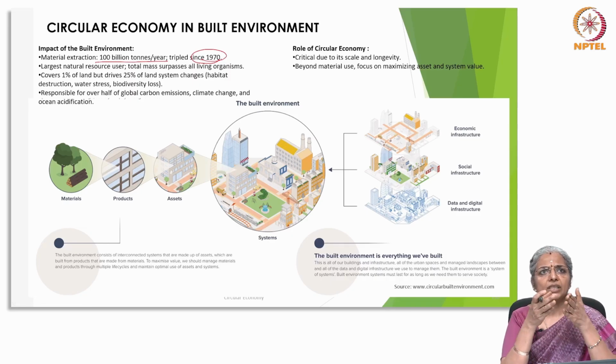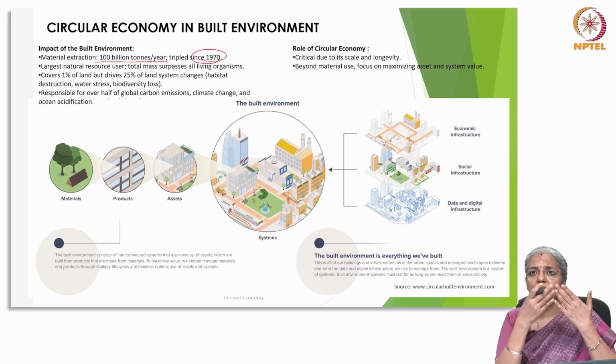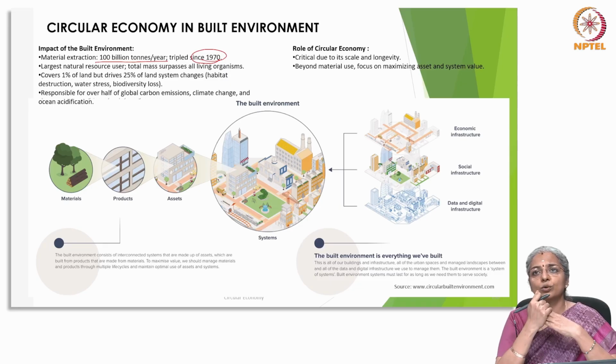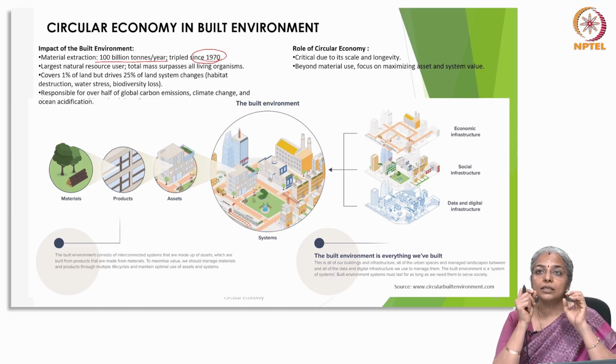So, look at the amount of extraction of these resources for design of buildings and infrastructure. Look at the amount of cement, steel, aluminum, aggregates, insulation products, all of this that we are extracting is causing a very heavy toll on our planet.